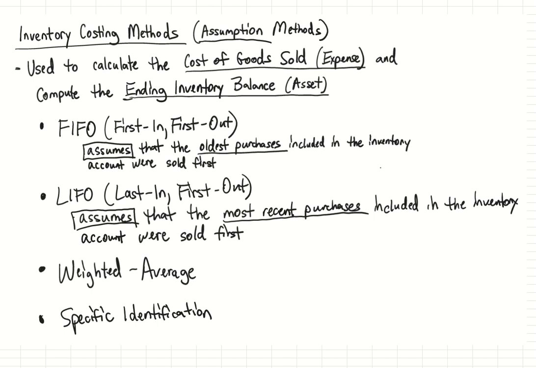It doesn't necessarily work that way. It'd be extremely difficult to figure that out. So that's why you have assumption methods. You have to assume that the business operates this way. So using this type of method, let's just say the FIFO method, properly aligns the expenses with the revenue that's generated.